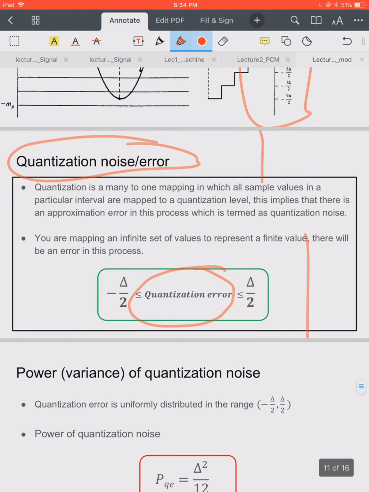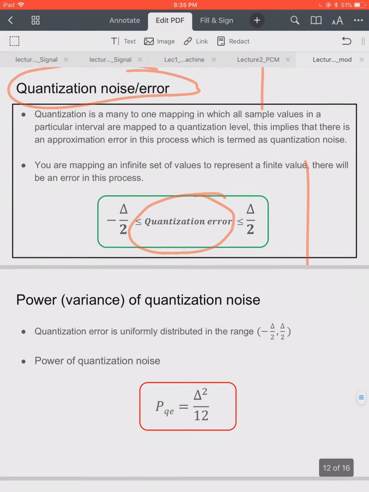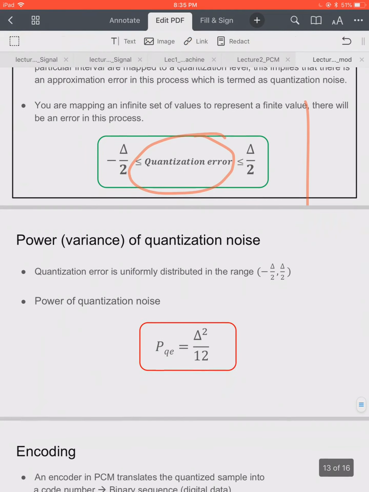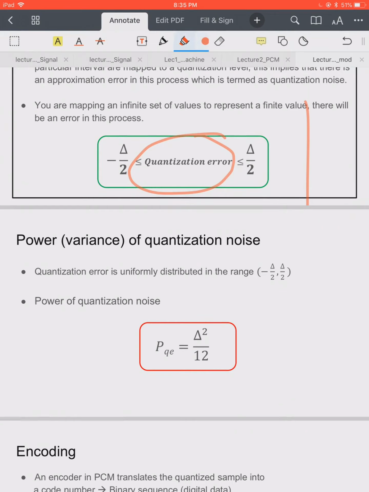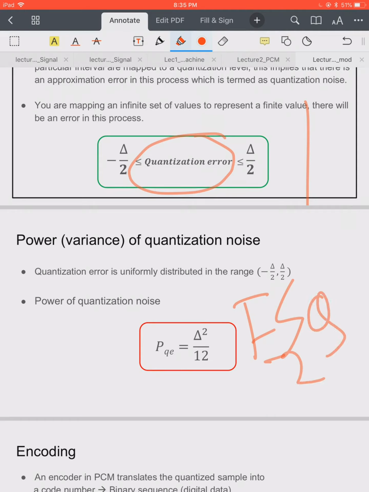Now the power of this quantization noise or error can be computed by the expectation of the quantization error square, and that is given by delta square by 12. I'm not covering the derivation of this quantization power, because we have not covered the probability theory in much detail so far.